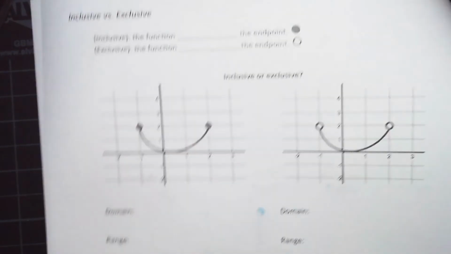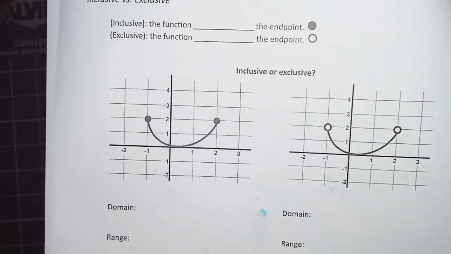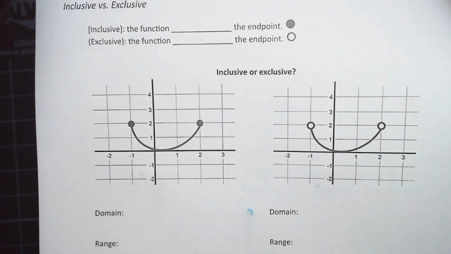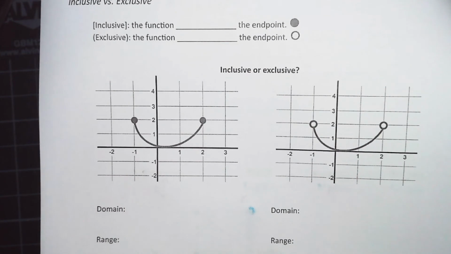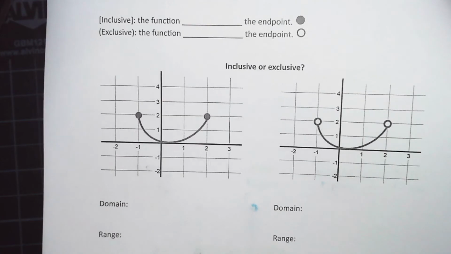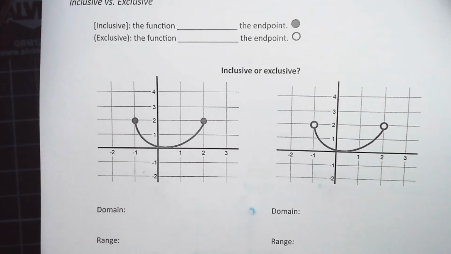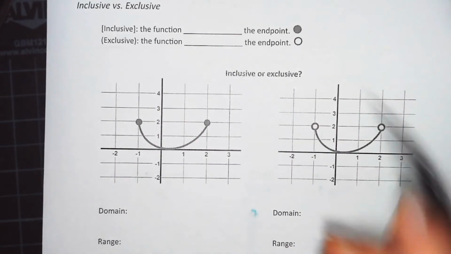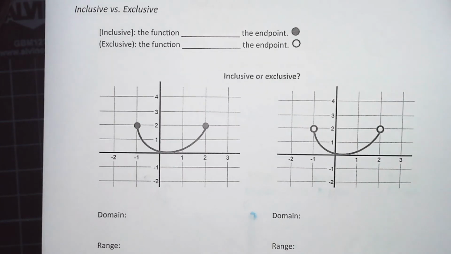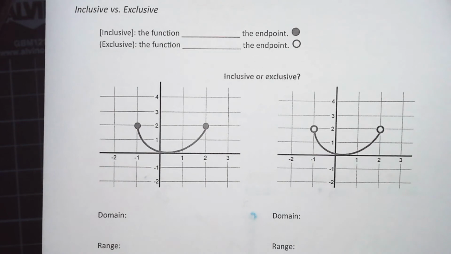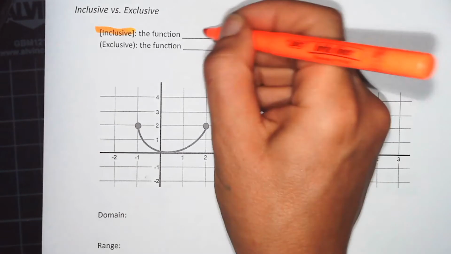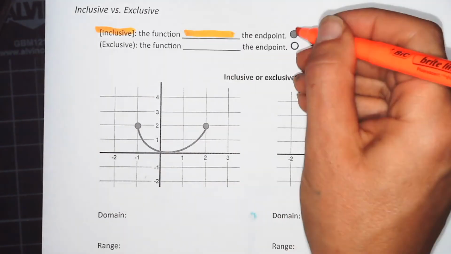Let's look at inclusive versus exclusive. This might look familiar. We've worked with open circles, closed circles before. But when we see an inclusive graph, it just means that we're going to include the endpoint.